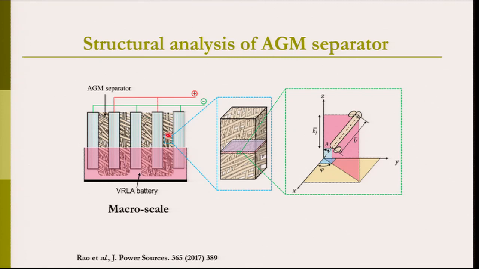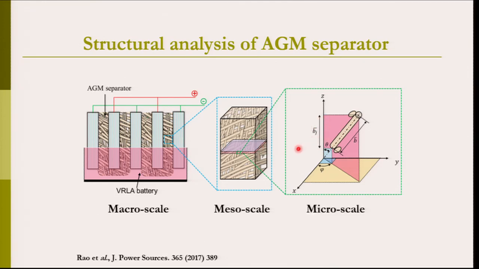Then we look at the specific region of the AGM separator in between, which we call the mesoscale, and this mesoscale, as we discussed earlier, is defined by two section planes of unit cross-sectional area. The thickness of this plane is defined by Bj bar.